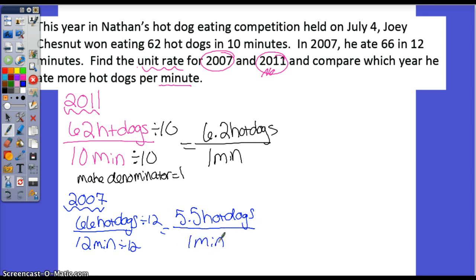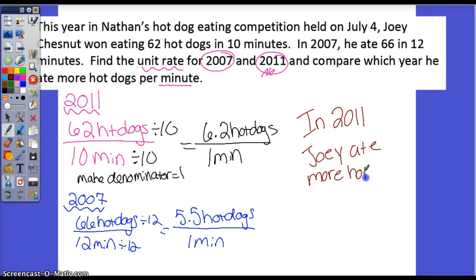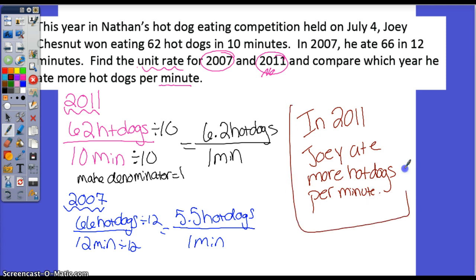Well, now it says compare which year he ate more. Ooh, gross. So I would say in 2011, Joey ate more hot dogs per minute. And that sentence is your answer.